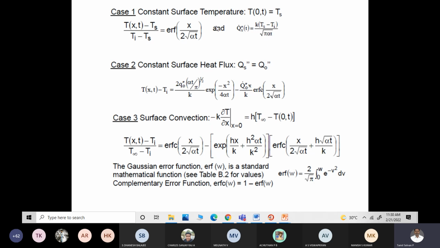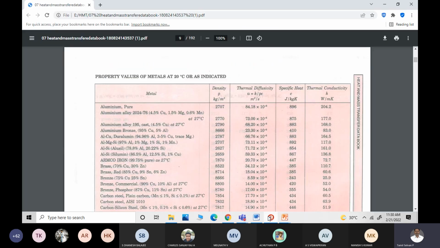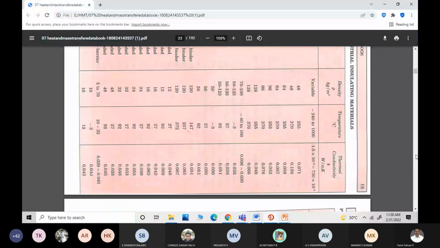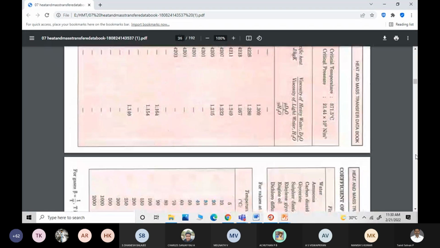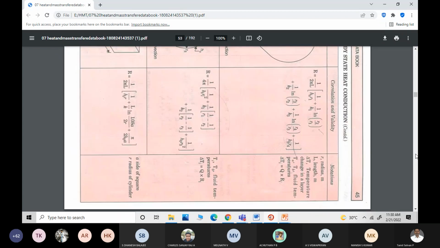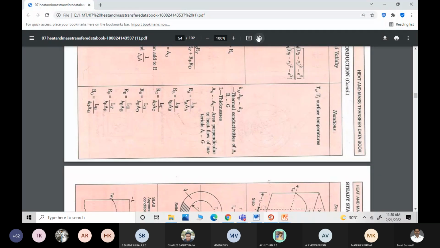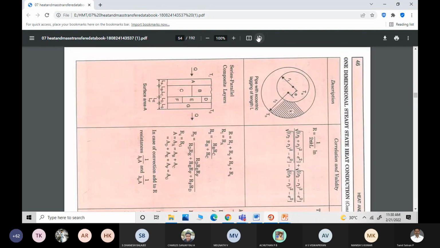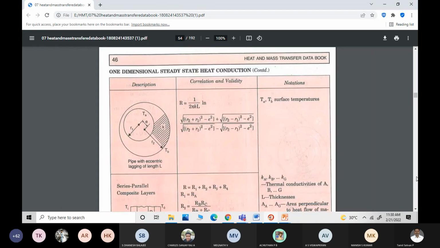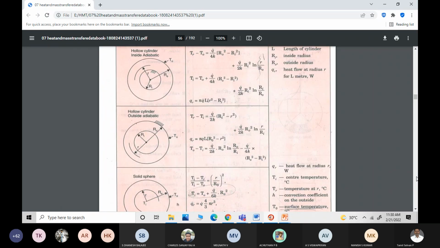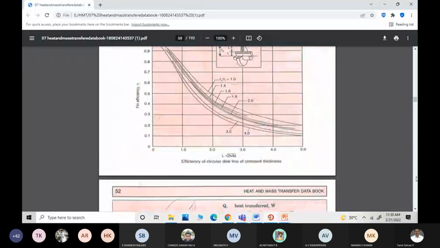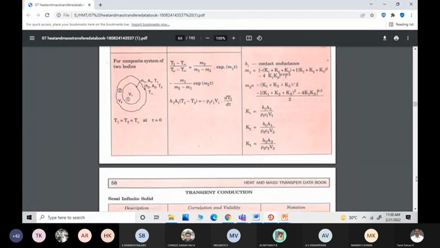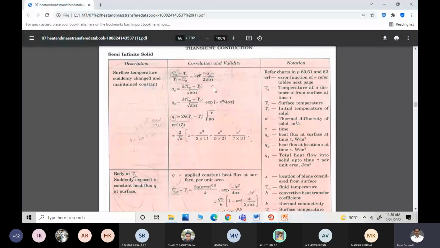Now this is also something I am supposed to tell you. Students, all of you are able to see this?